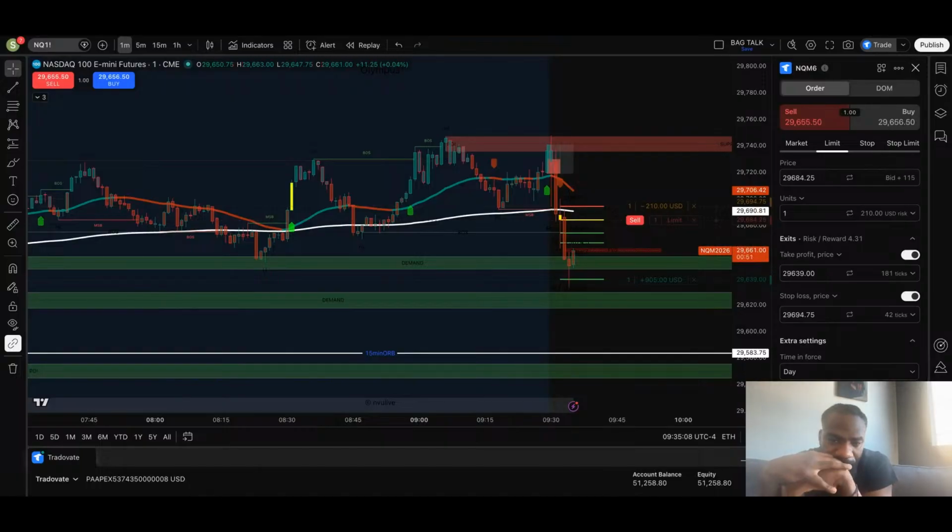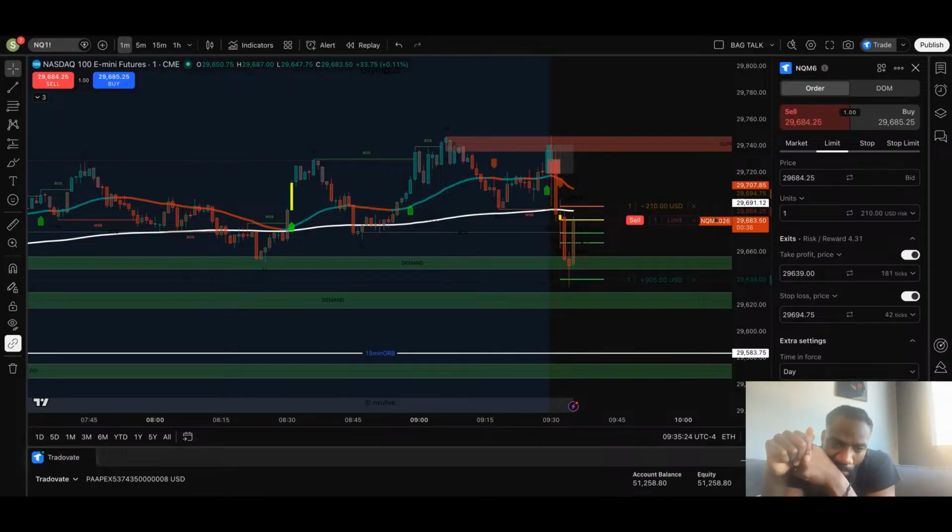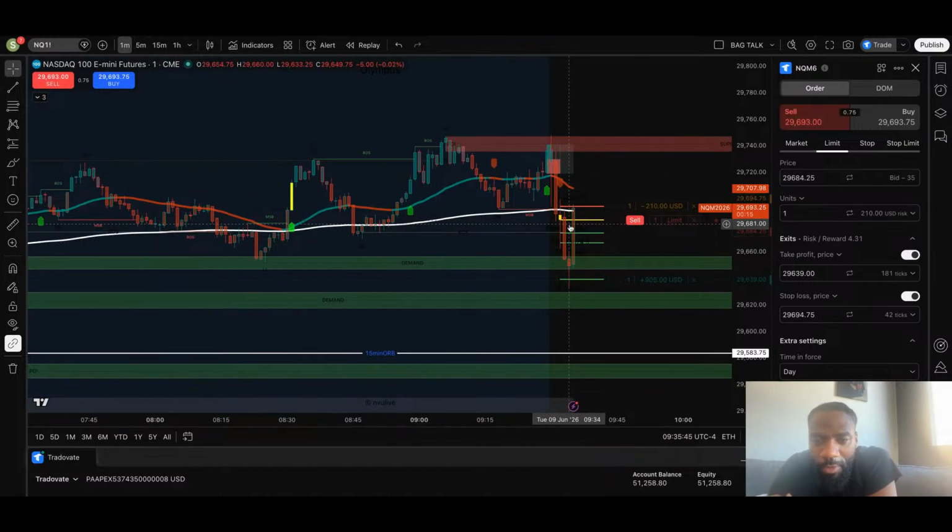Back to TP3 and then a retrace. If you like the quick scalps, in and out, done for the day, not really my speed. I like a little bit more confirmation, so I trade off the 5, but that was a beautiful move. Algorithm called it out.